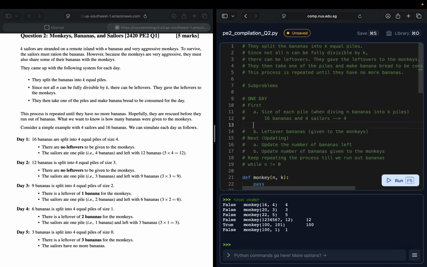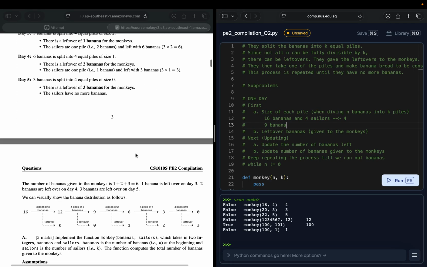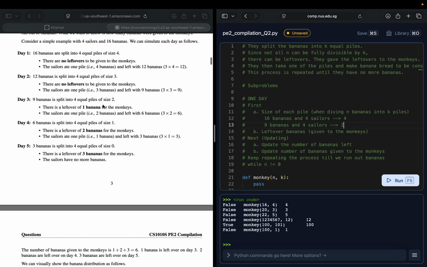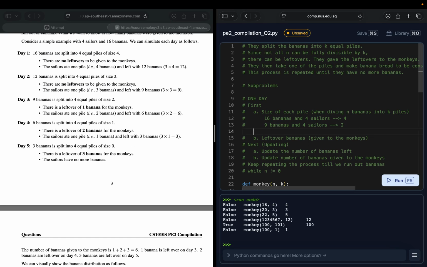And if you also see one more example, when there are 9 bananas and 4 sailors, we see that the size is 2. So it gets very clear that the size of the pile is nothing but n by k, right? N floor division k. It's the quotient when you divide n by k.